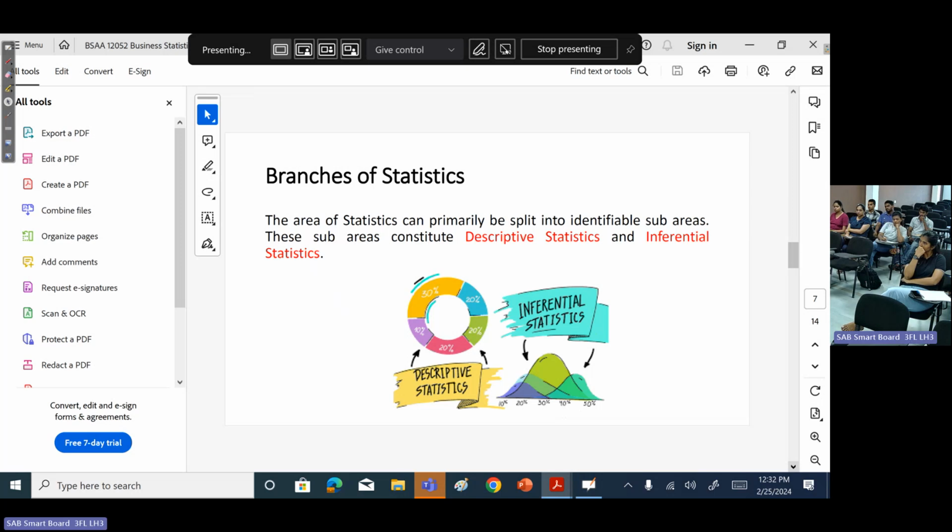We can collect numerical data, then present it using a pie chart. That is descriptive statistics. Or collect the numerical data, then find the mean value, the average value. That is descriptive statistics.